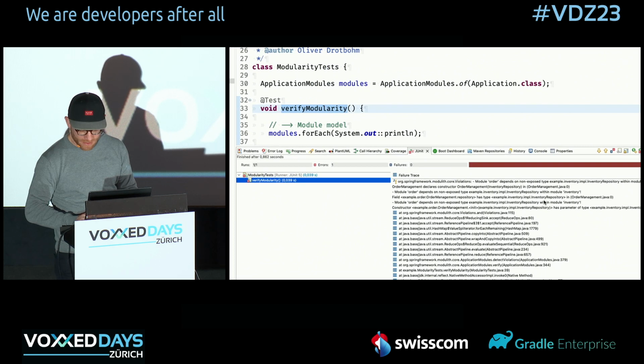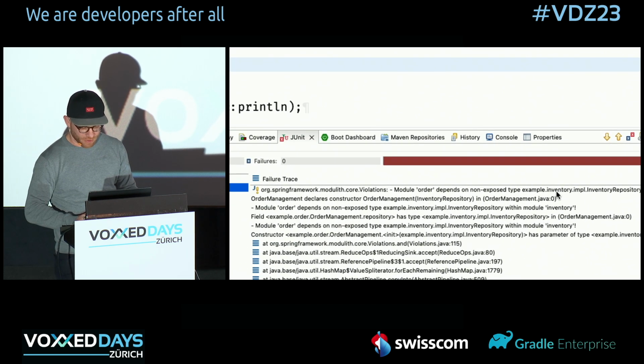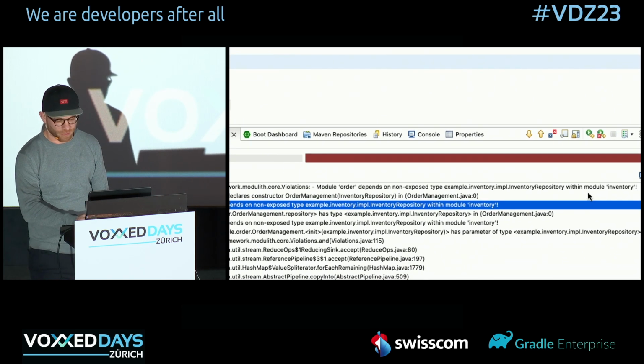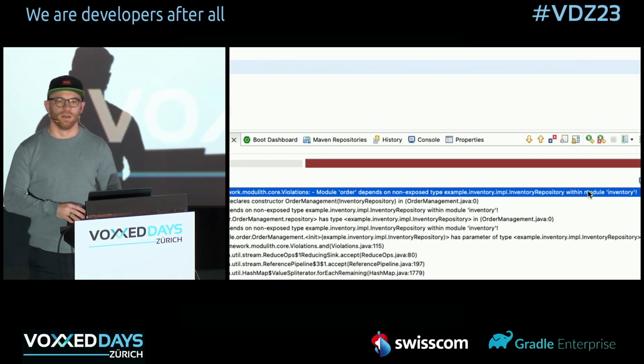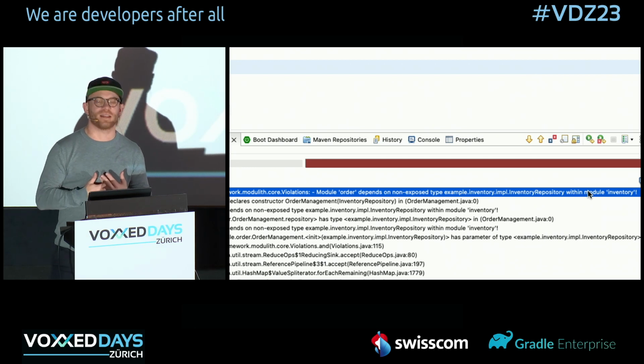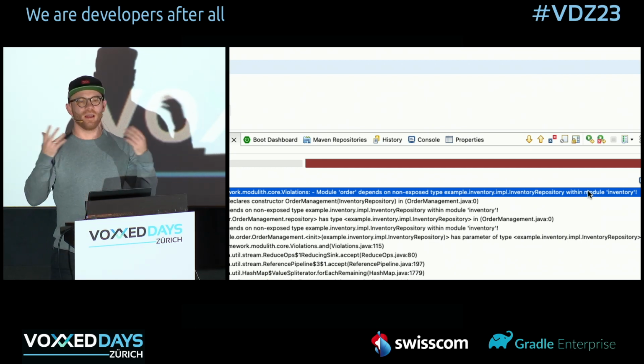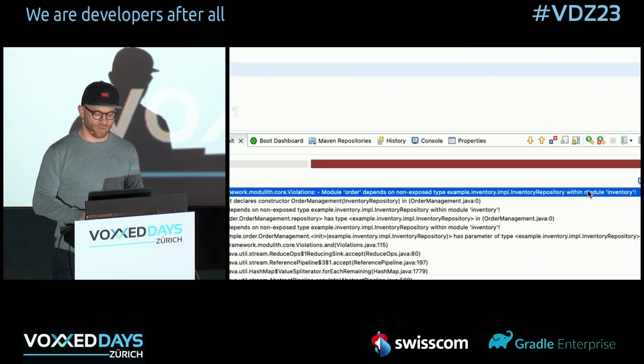Because it basically says, the first line is the interesting one: module order depends on non-exposed type inventory repository within module inventory. Right? So you get some next level check of your dependency arrangement with these conventions applied.